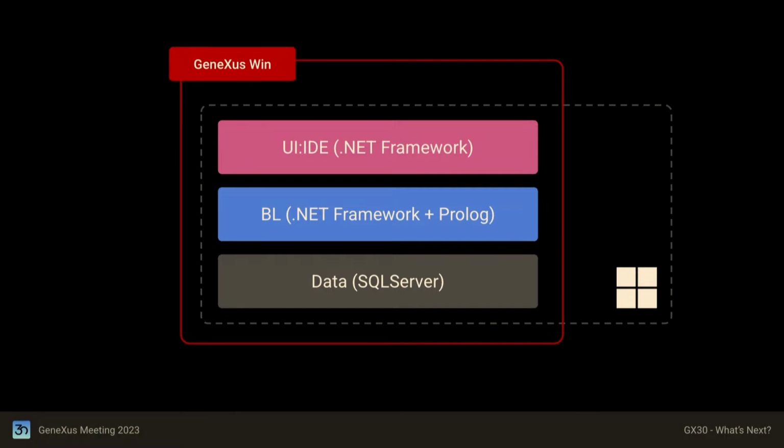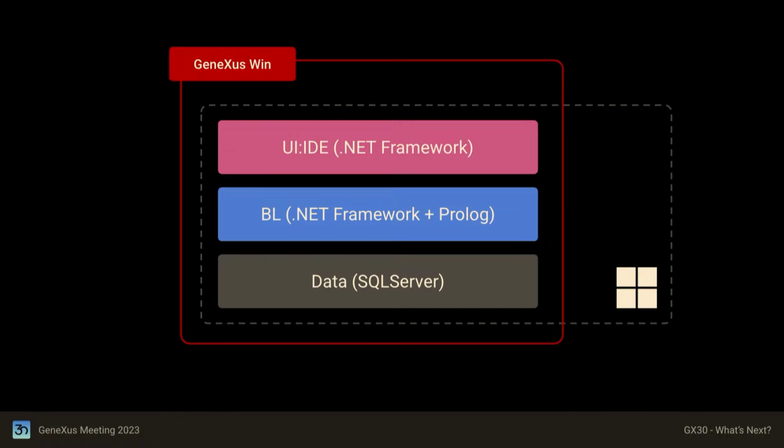It had the user interface layer, the BL, the business layer, and the framework and Prolog. And Prolog, for those of you who do not know, at the beginning of Nicolas's keynote, he talked about symbolic artificial intelligence.